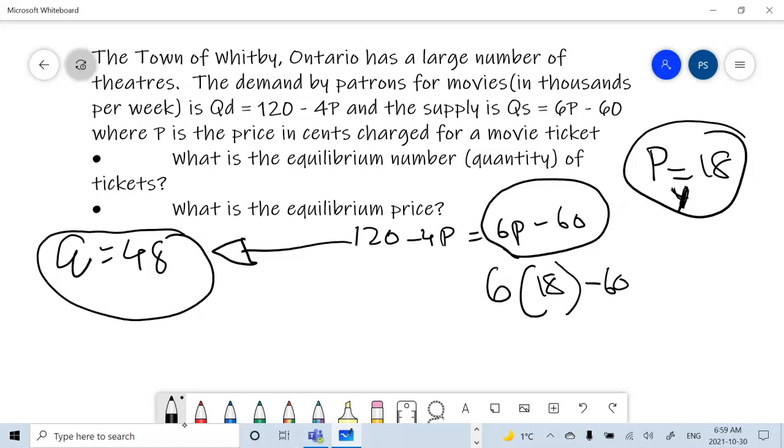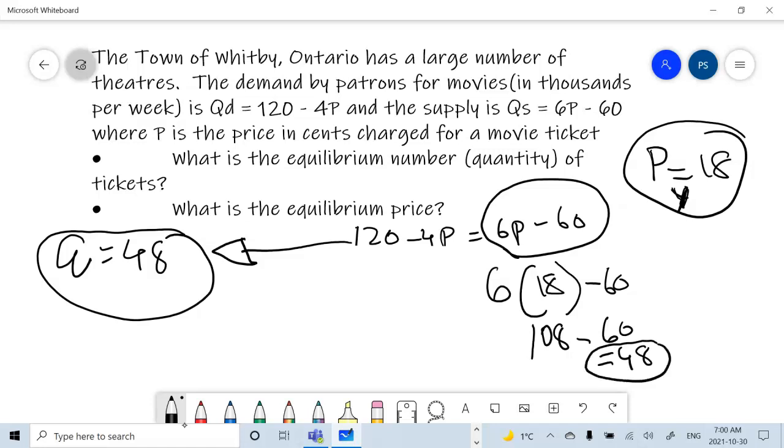The calculation of this portion of the equation should result in the number 48 for Q. It should match. So you got 6 times 18, which comes to 108 minus 60, and that is equal to 48.